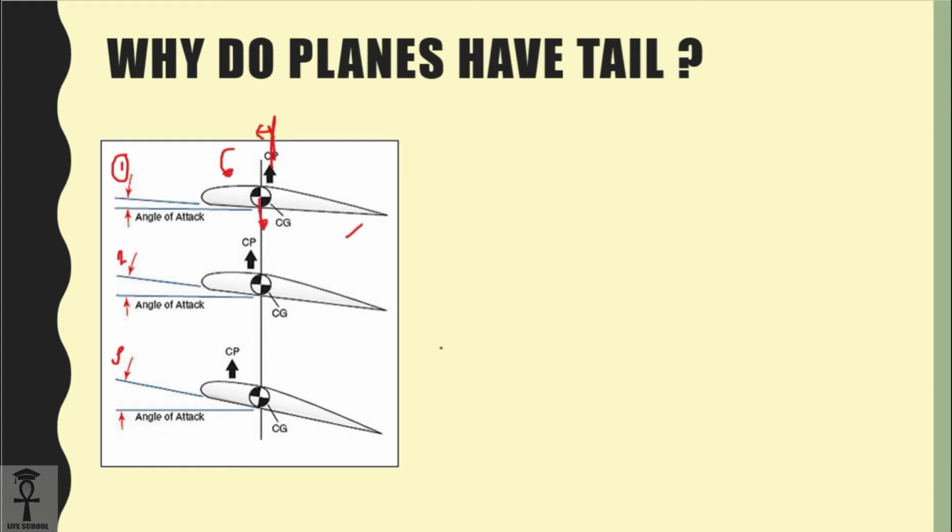Now if I change the angle of attack by pitching, like if I use the elevators to pitch the plane and change the angle of attack, the CP moves forward, and the couple acting will be like this. So this is a clockwise couple.